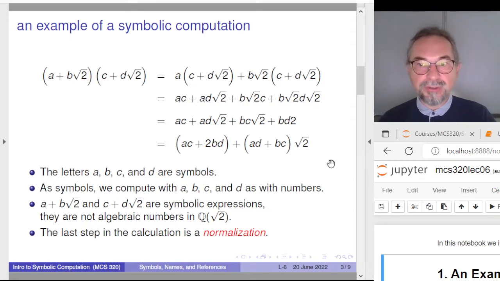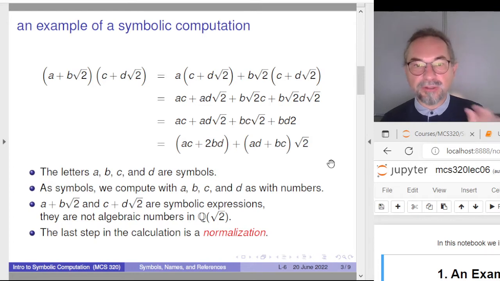Symbolic computation is also expression manipulation, and this is our first example of normalization. When we think of this evaluation of the product of two symbolic expressions, we see this as a normalization in the context of explaining how to compute with algebraic numbers.